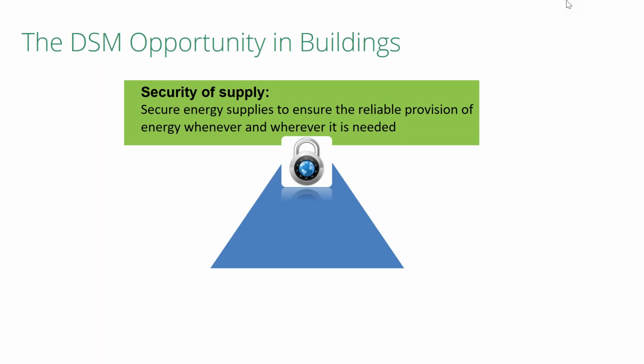The second key is sustainability, so energy consumption should be sustainable through the lowering of greenhouse gas emissions mainly, and also ensuring competitiveness, so that energy providers operate in a competitive environment that ensures affordable prices for homes, businesses, and industries.